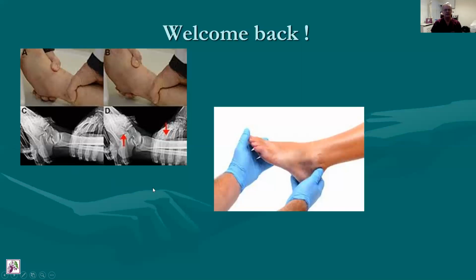That is a positive test and is likely to indicate anterior talofibular ligament disruption, tear or partial tear. And the other image shows some of the ecchymosis and bruising that might happen as a result of that type of injury.